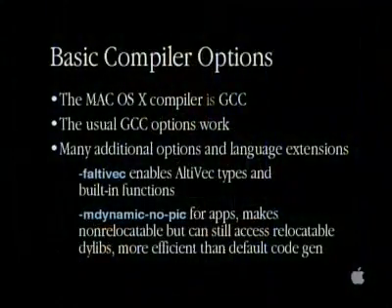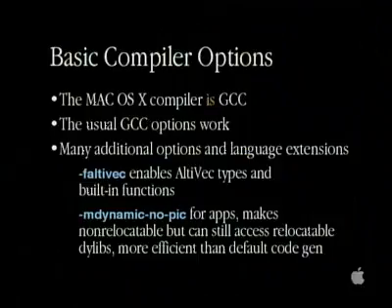We have a -faltivec that enables all the AltiVec support. By default, because AltiVec actually makes the symbol vector into a keyword, if you had a program with a variable called vector, you turn on -faltivec and it kind of chokes. So we made that an option.